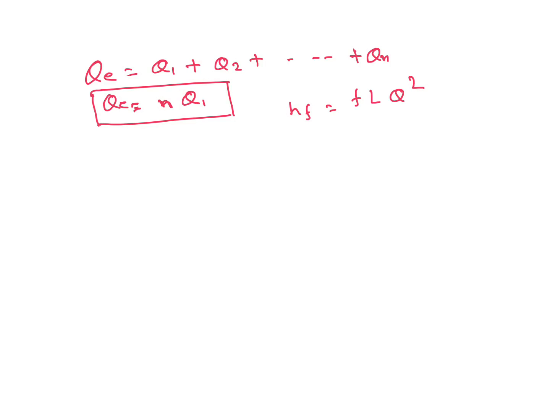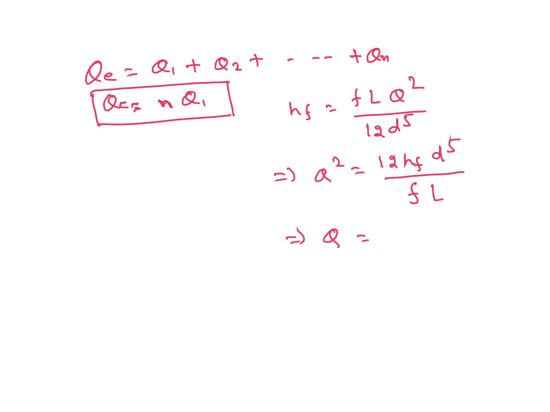So from here Q square is 12 into HF into d to the power 5 by FL, or Q you will get (12 HF d to the power 5 by FL) whole to the power 1 by 2. So this one we will use here.